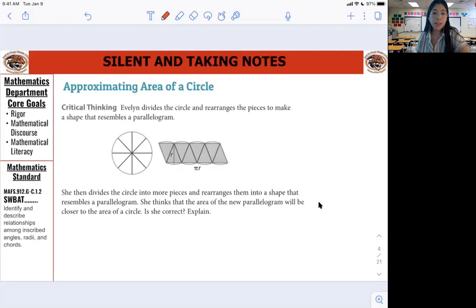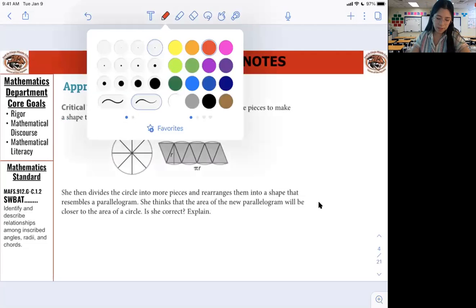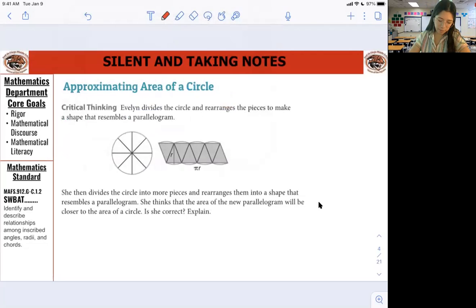All right, so she divided it once like this, and then she decided to divide the circle into more pieces. So let me see what that would look like. Basically what she's saying is, okay, now I want to keep cutting it into smaller and smaller slices. So instead of 8 slices in her pizza, she wants to have 16 slices.